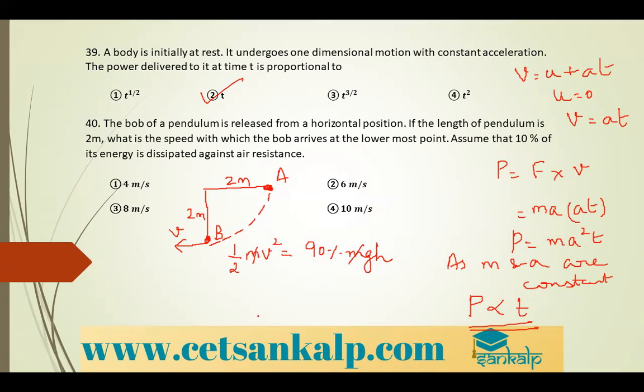I want V. So V square is equal to 2 into 90 divided by 100 into g is 10 into h is 2. 9 2s are 18 into 2, 36. So V is equal to root of 36, V is equal to 6 meter per second.